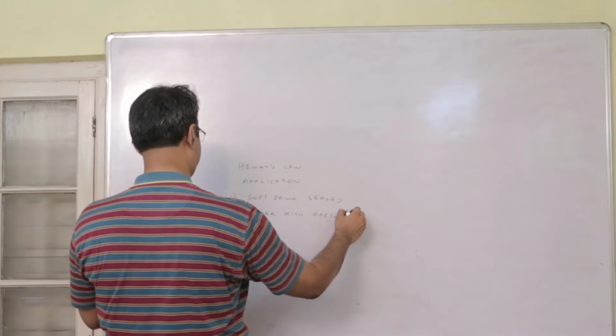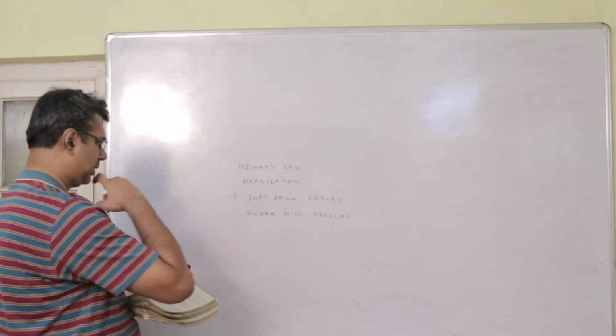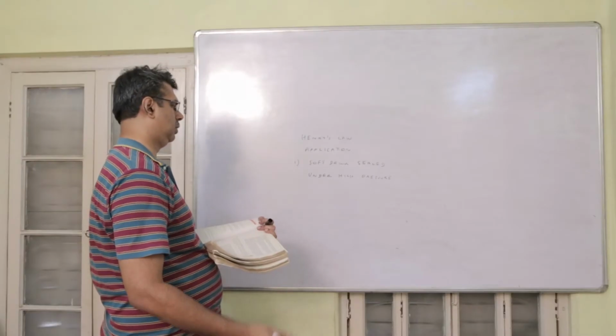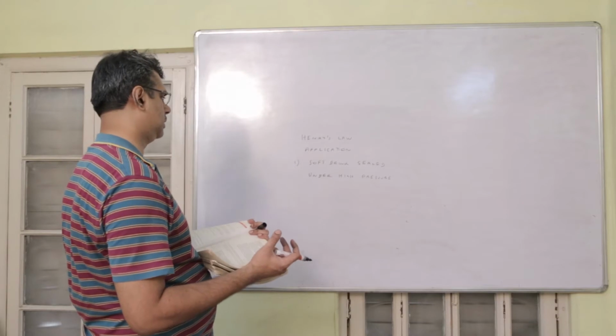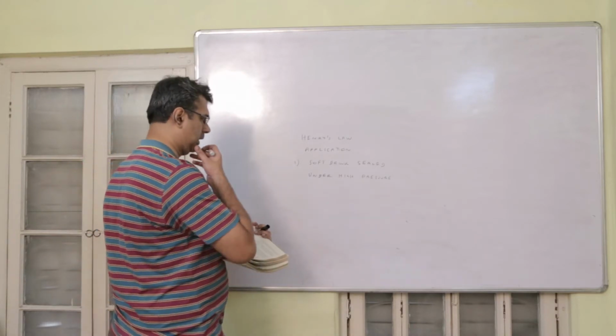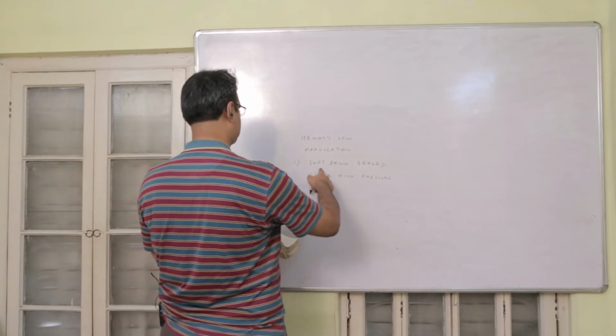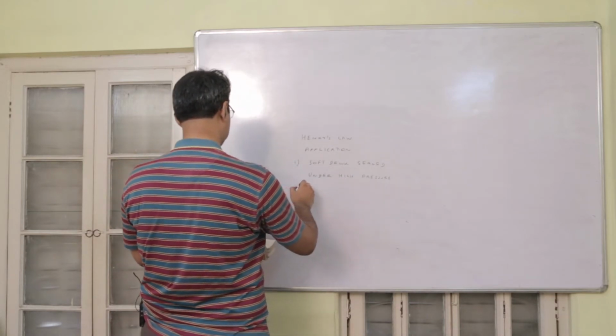You know that soft drinks are beverages which are carbonated, so they contain carbon dioxide. To increase the solubility of carbon dioxide, the bottle is sealed under high pressure.